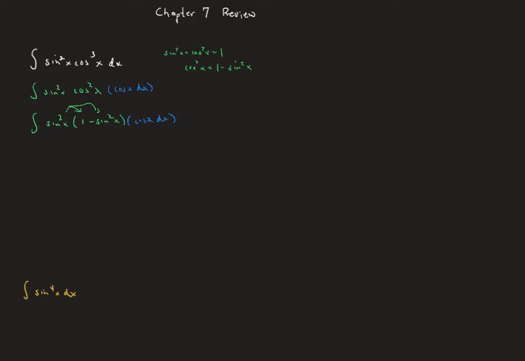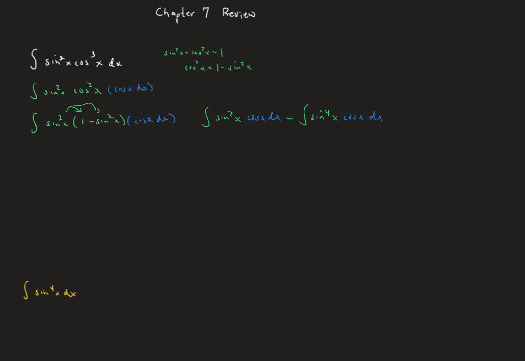So that will become the integral, we'll make it into two separate integrals. The integral of sine squared x with our cosine x dx, and then minus the integral of sine to the fourth, with another cosine x dx.